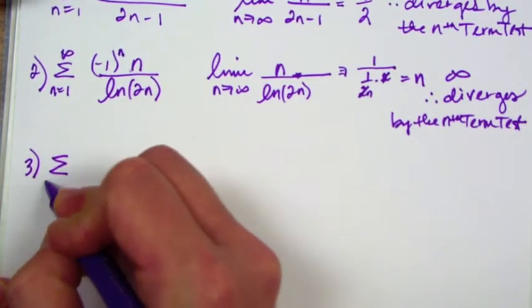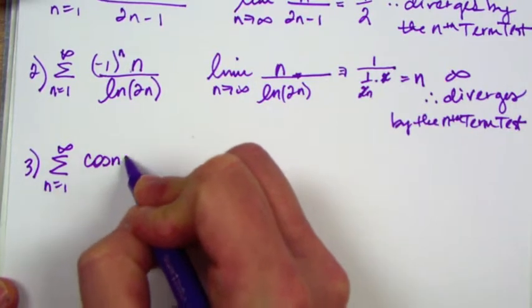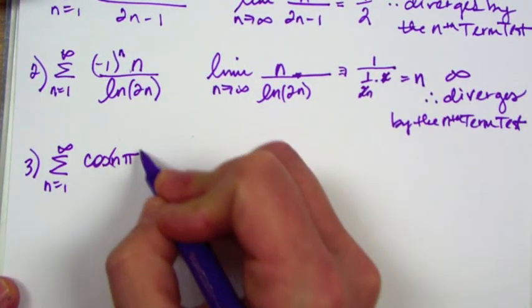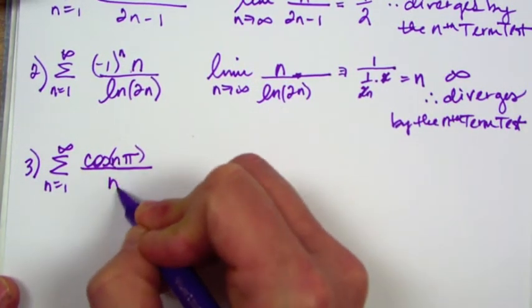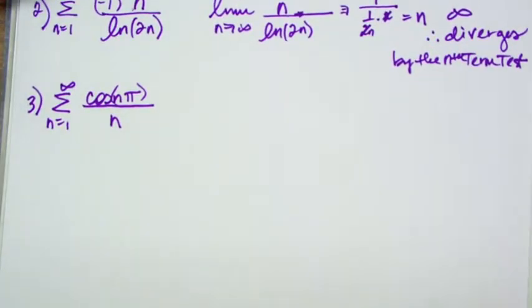Okay, here's one of those that they can disguise. It's cosine of n pi over n. If n is 1, what does this equal? Negative 1 over 1.